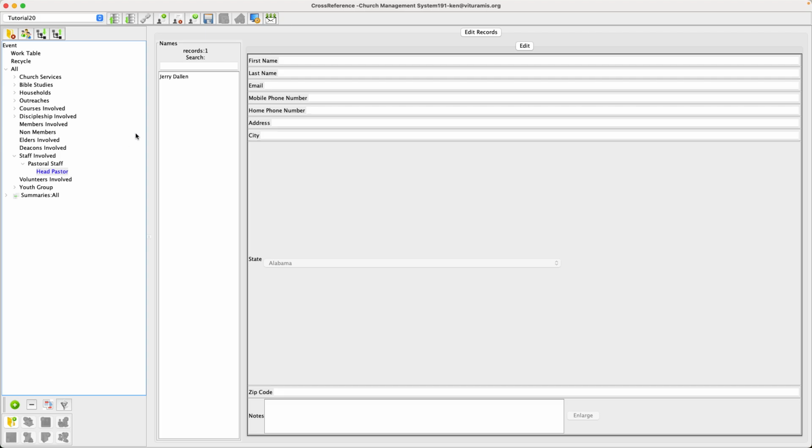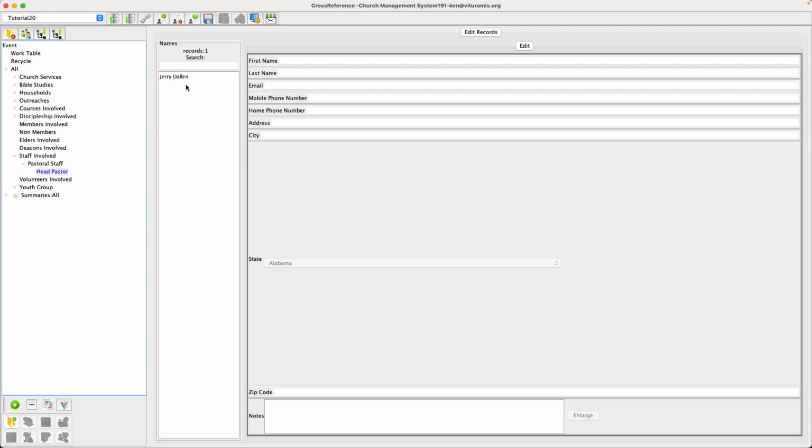When you want to drag Jerry Dallin, who's the head pastor, into staff, it is best to put him in the group that is most specific. In this case, head pastor. If you dragged his name into staff involved rather than in head pastor, you would lose information.